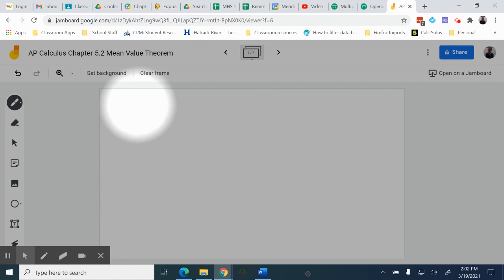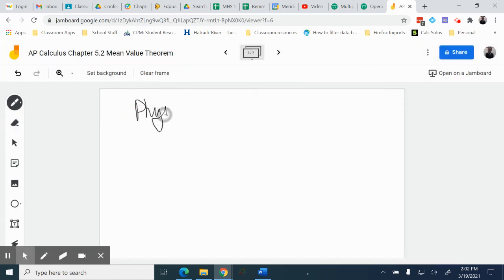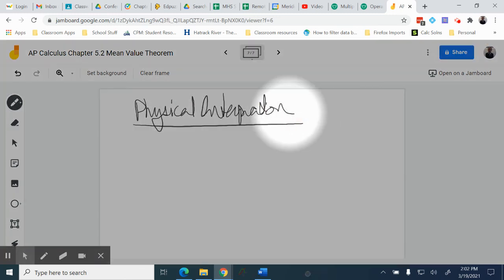Okay, physical interpretation. What do we mean when we say, does the mean value theorem apply, and what is the mean value interpretation?